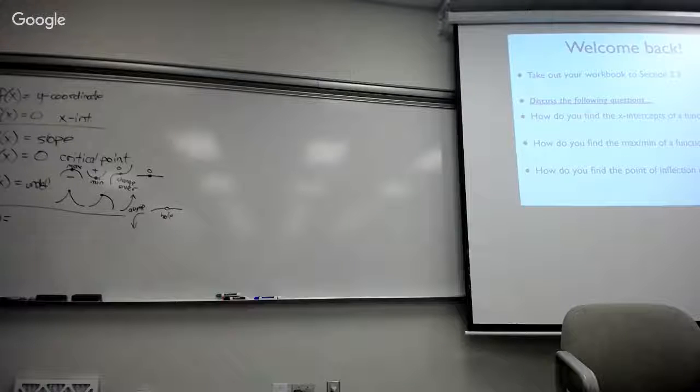If you just have a regular metal bar, that's zero concavity. But if you bend it one way or the other, that's concavity. So the second derivative tells you concavity. And when we set the second derivative equal to 0, what do you find? Rose already said it. The inflection point.